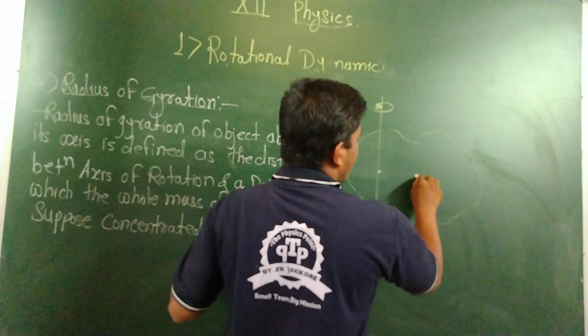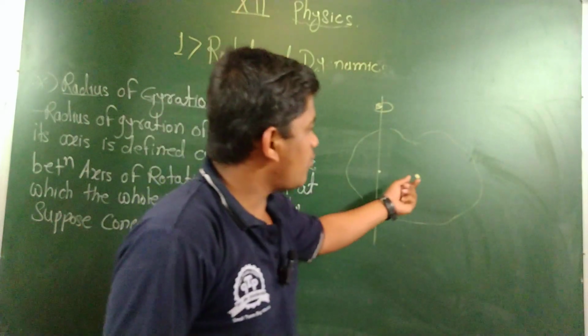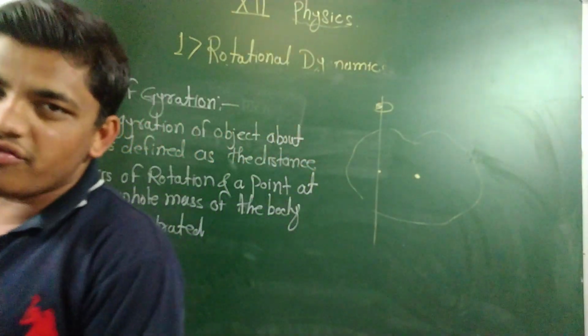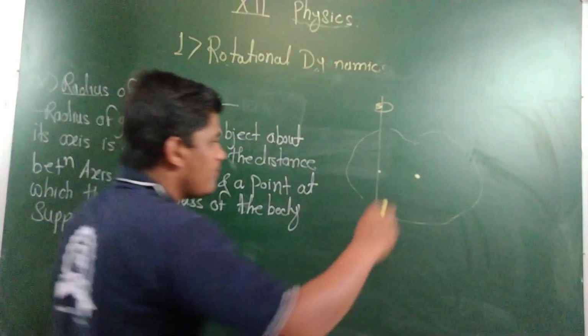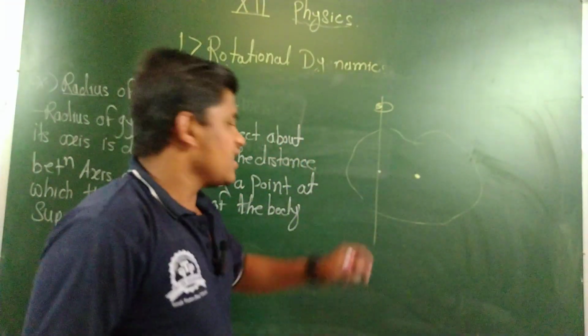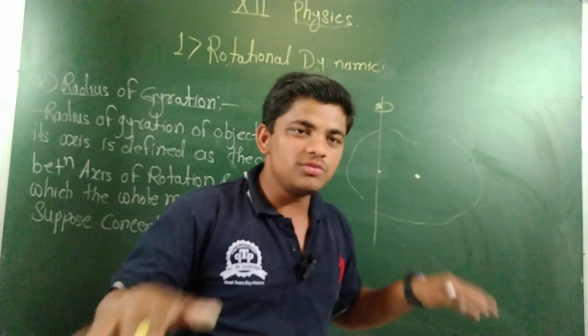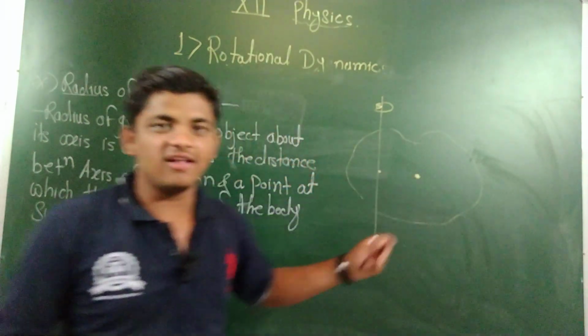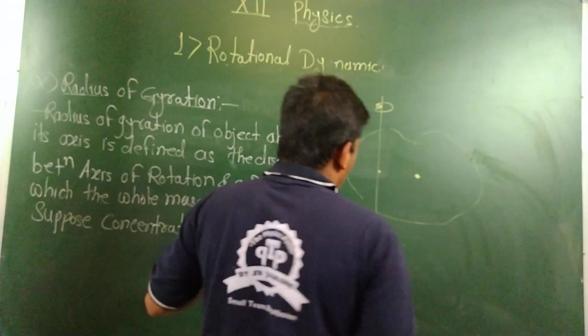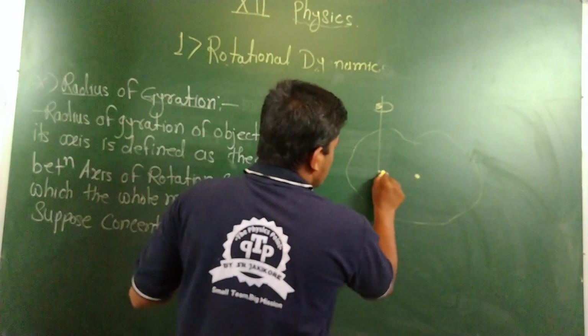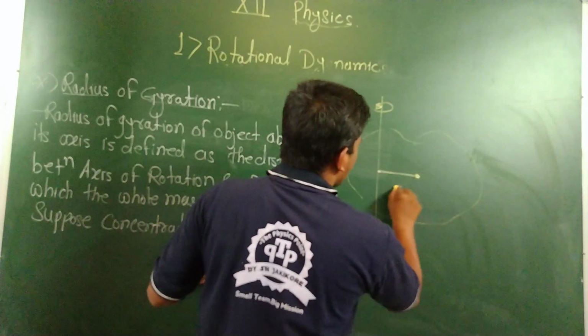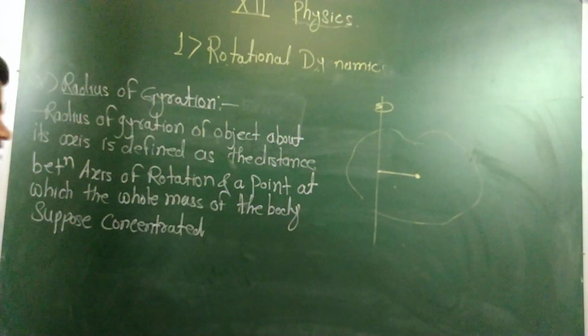Consider a point at which the whole mass of the body is supposed to be concentrated. एका पॉइंटला कॉन्सन्ट्रेटेड झाला असेल किंवा या पॉइंट पासून जे काही मासचं डिस्ट्रीब्युशन आहे इक्वली स्प्रेड आउट झाला असेल तर त्याला म्हटलं जातं सेंटर ऑफ मास. म्हणजे या ठिकाणी एक पॉइंट आहे आणि ही जी डिस्टन्स आहे, this distance is called the radius of gyration.